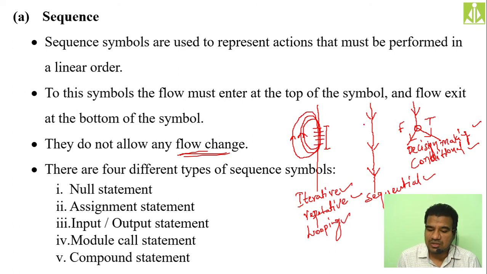Hope you understood. We are now studying this sequential symbol category. Inside that we have the null statement, the assignment statement, input output statement, module call, and compound statement. So these 5 types of sequential statements we have.